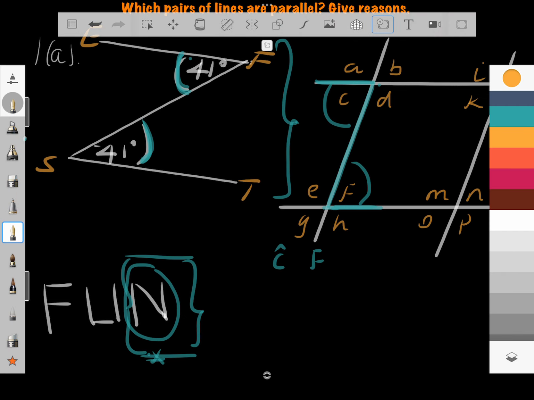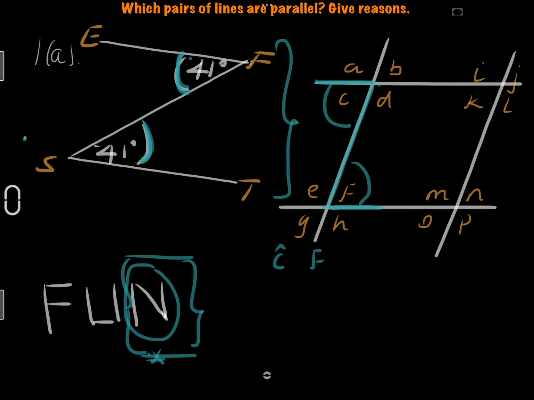Let's use another color to identify another set. We can almost immediately identify another set. We have a line there, another line there, so we have our Z once again. Here we have this angle and that angle there.